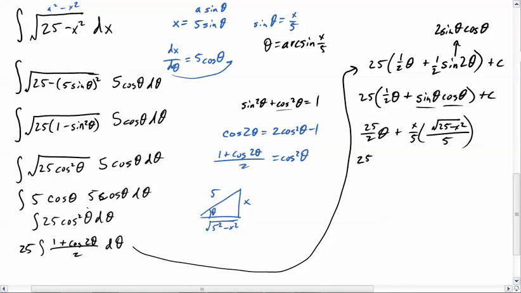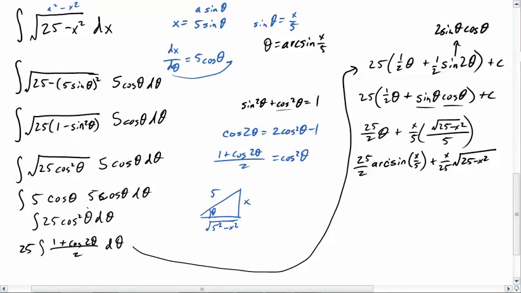We're going to go 25 over 2 arc sine. Now remember last time we had to do a little bit with it because we didn't really want it in cosecant, but sine's okay. So arc sine of x over 5, and this is fairly simple, straightforward. Plus, and then I'm going to have x over 25 times the square root of 25 minus x squared. And that'd be about it.